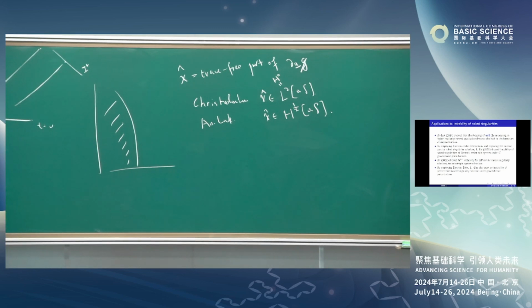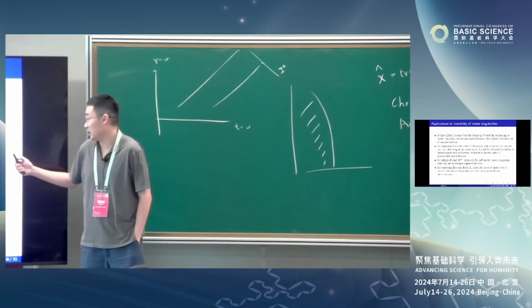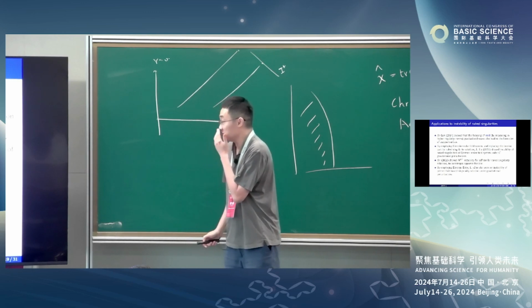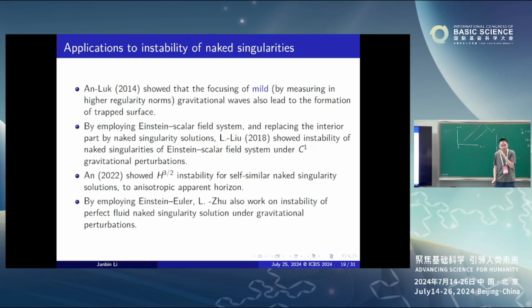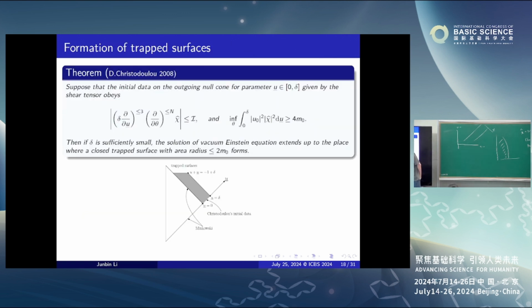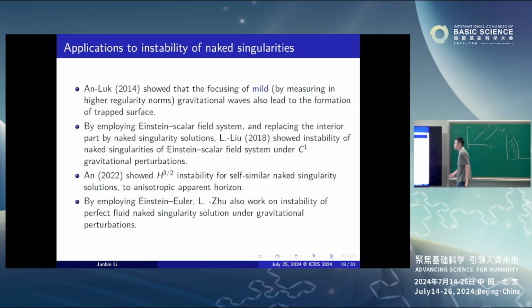And later, by employing the Einstein scalar field system, and by replacing the interior part, originally Minkowski, with the naked singularity solution I mentioned before, we are able to show that the solution is unstable to trapped surface formation under C1 perturbation.